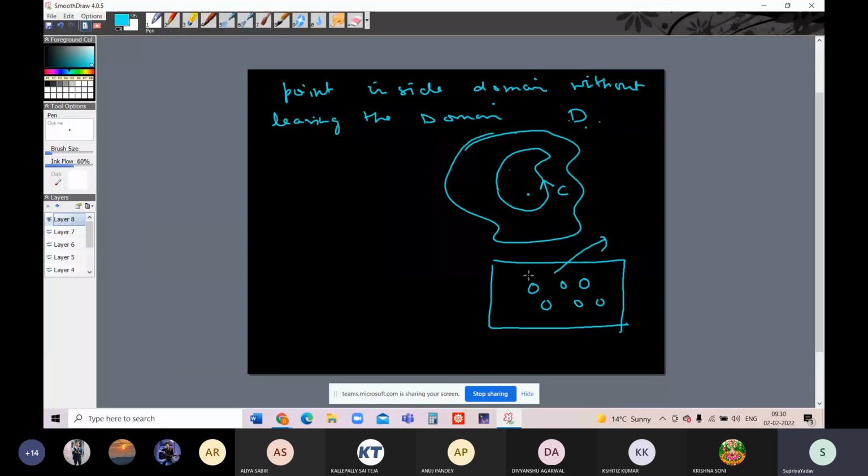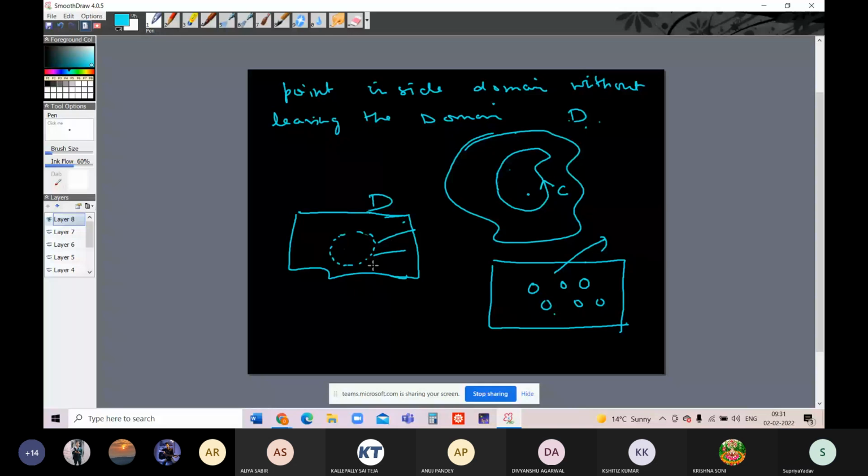Because suppose there is a hole here, suppose this is our domain and here is a hole. Say it is domain D, and inside this domain there is a hole. This means the points inside this hole are not points of D, they lie outside of this D, because D is only this portion.